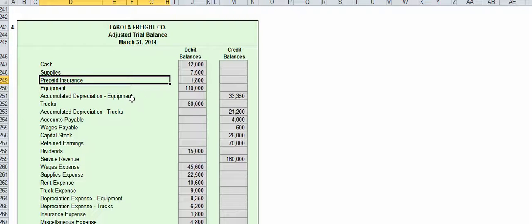So the prepaid insurance balance at the end of 1 year would expire during the next year. And we would consider supplies to be more liquid than prepaid insurance. We're probably not going to try to convert either one to cash as long as we stay in business, but it'd probably be easier to sell our supplies than it would to try to get our premiums back from the insurance company. So supplies is $7,500, prepaid insurance $1,800.